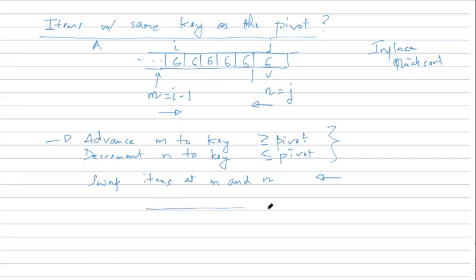So if I draw the same entry here, M got incremented, so M will come here, and it sees that, okay, my pivot is 6, so 6 is not greater than 6, so it's not going to stop, keep going forward until it reaches here.